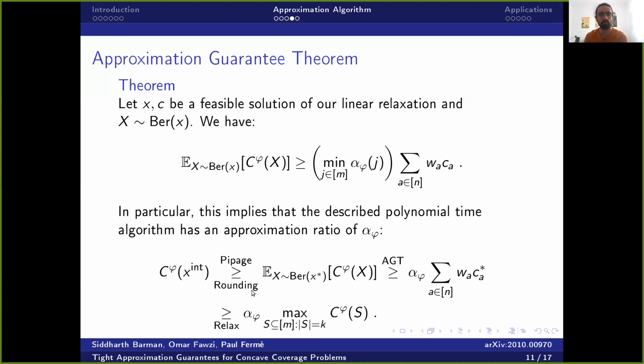So thanks to pipage rounding, it's bigger than this. Thanks to this approximation guarantee theorem, it's bigger than this. And since this is the optimal solution of the relaxation, in particular, it's greater than the maximum over integer choices. And so this sequence of inequalities gives us what we want.